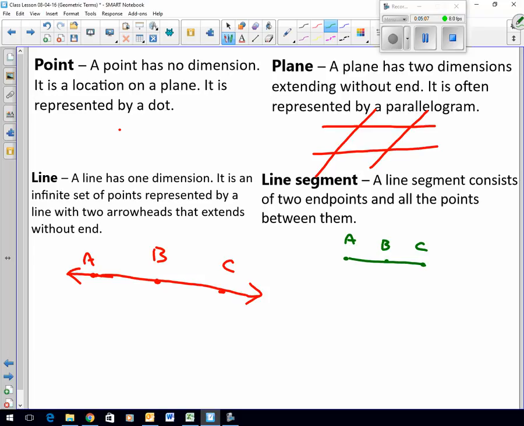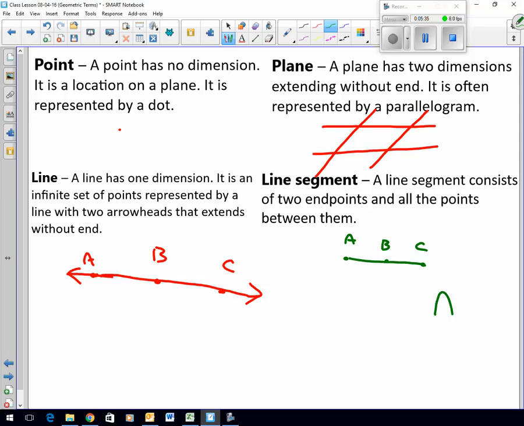Notice I don't have arrows, right? No arrows on a line segment. Got me? Okay. No arrows. It's still all the points between A and C. Line segment is 2 endpoints and all the points between them. If I start and stop at A and C, I collect all the points between them, right? But I do not go beyond it.